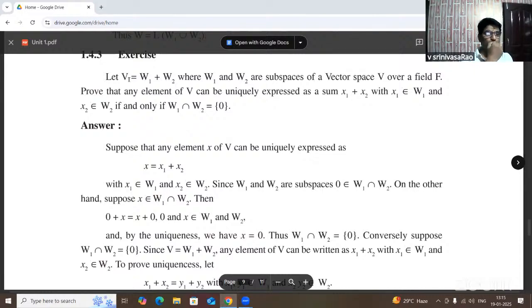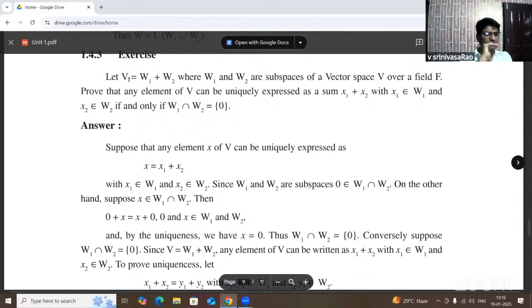This is 1.4.3. Sometimes one essay question and one short answer question are given on this. In that respect, continuing each and every topic is important. All the theorems and problems must connect with the further sessions.